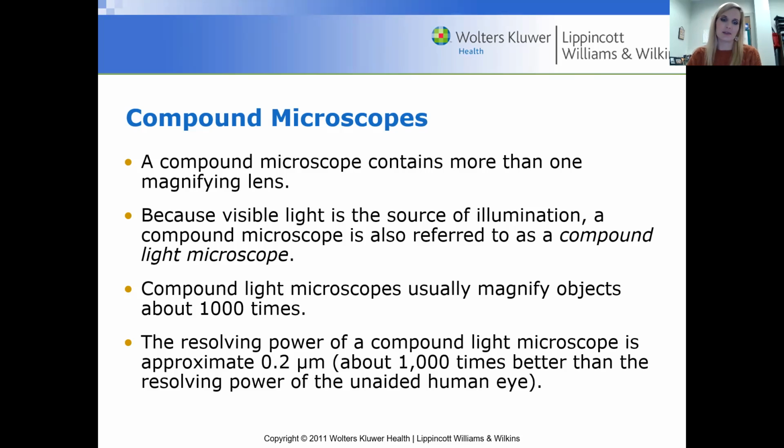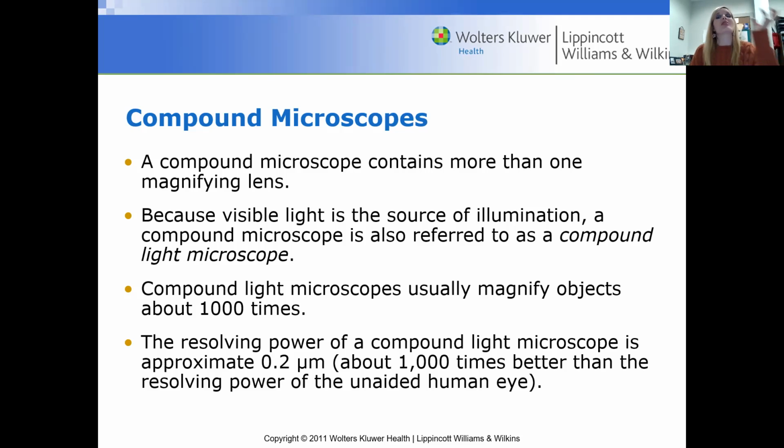Because visible light is our source of illumination for that instrument, a compound microscope can sometimes be called a compound light microscope. Talking about its magnification, at max, a compound light microscope will usually magnify objects about 1,000 times their actual size. That's much more advanced than Anton van Leeuwenhoek's times 300 simple microscope.